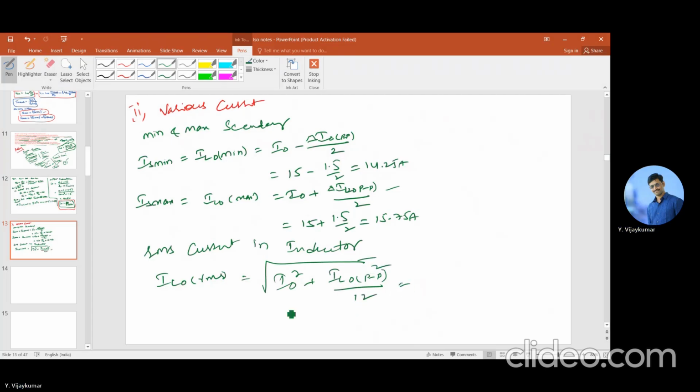So this would be the square root of 15 square plus 1.5 square divided by 12. This is 15.01 amperes. Okay.